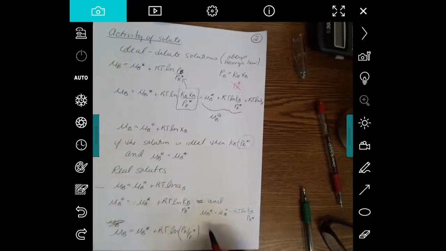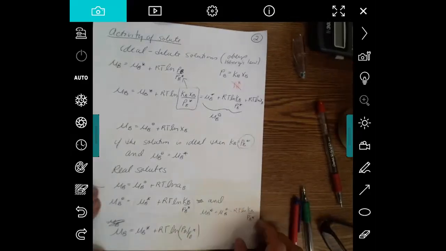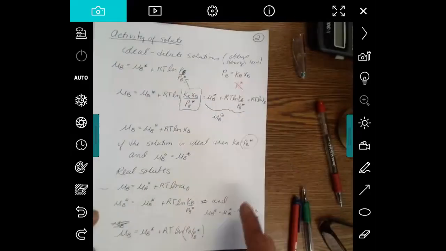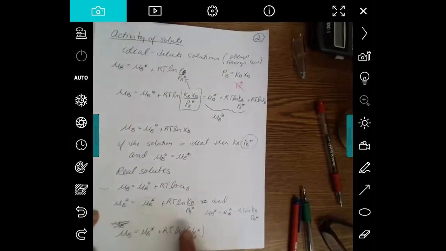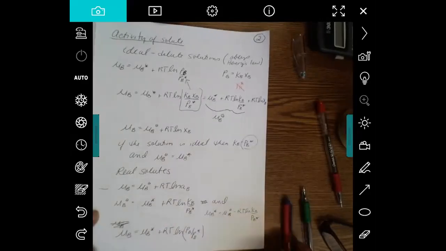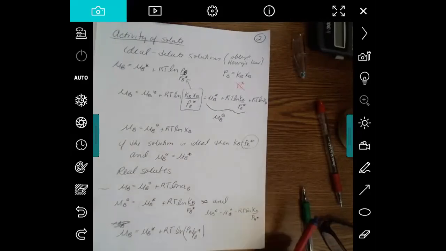And now we end up with an equation that looks similar. Just taking what we defined up here and rearranging it and solving for mu B star, putting it in, and having an equation where we're comparing the chemical potential of pure B to the chemical potential of B when it has a different partial pressure.